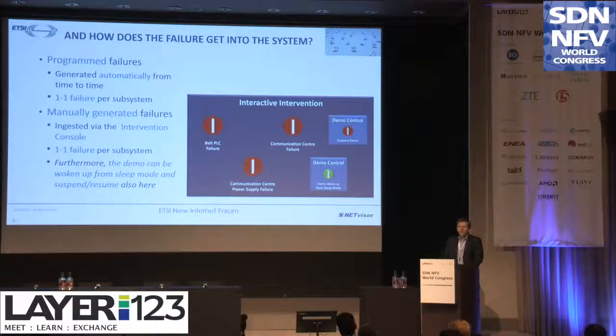This is basically a tablet with this interface where you can see the failure buttons. And the failures can be ingested into the system via these failure buttons. And it contains some other control functions as well to control the demo working. Furthermore, we have implemented a Joker failure as well. You will see it soon.